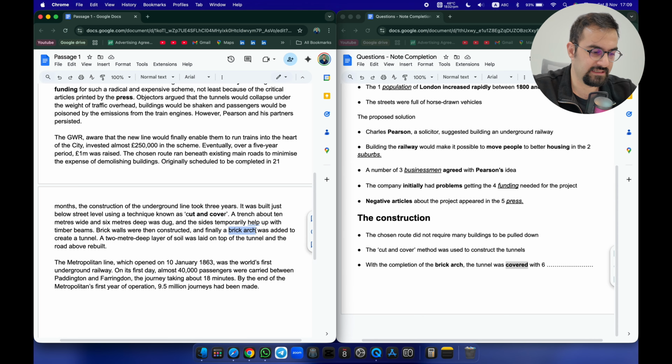Okay, I found what I wanted to find, was added to create a tunnel. Then a 2-meter deep layer of soil was laid on top of the tunnel and the road above rebuilt. So the tunnel was covered with, and a soil layer was laid on top of the tunnel, which basically means the same thing.